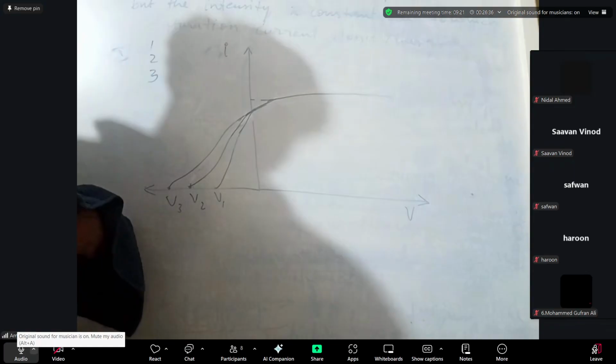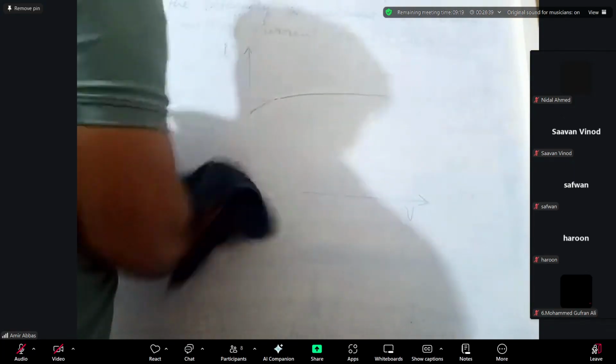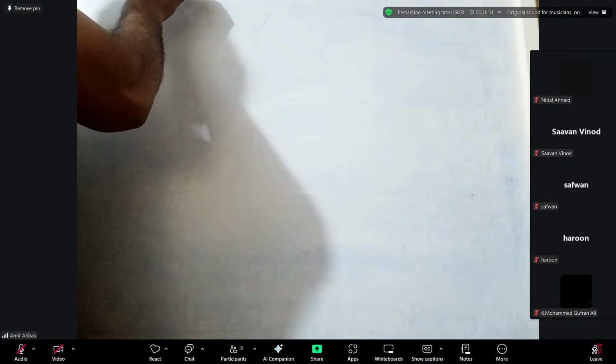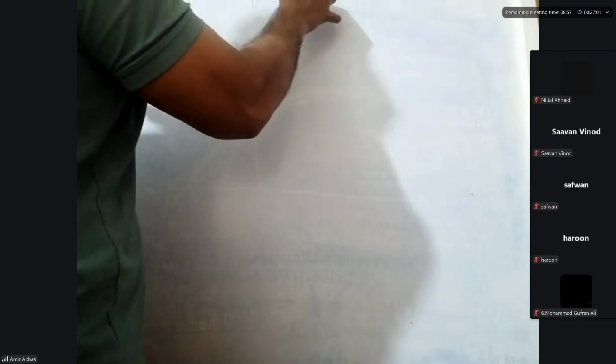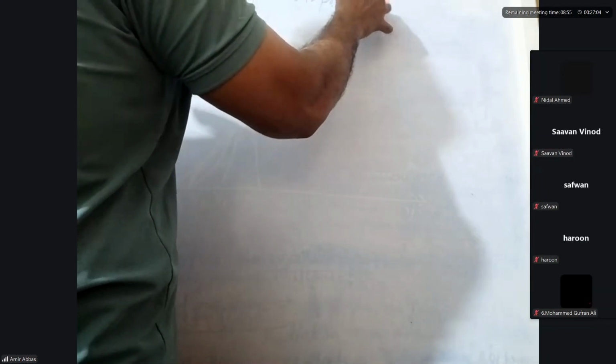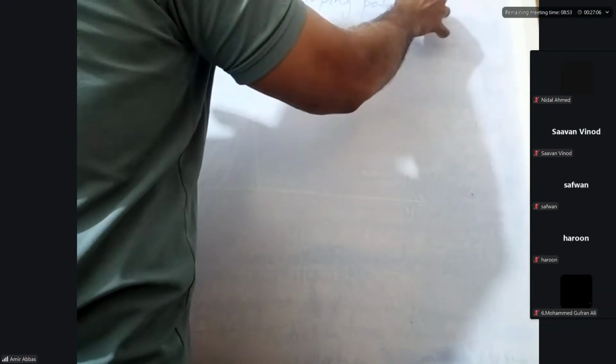Can I rub this? Now, the derivation for the value of stopping potential. What will be the value of its stopping potential? What's happening there?